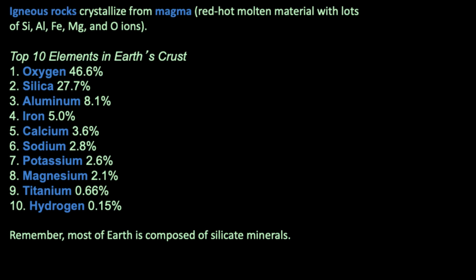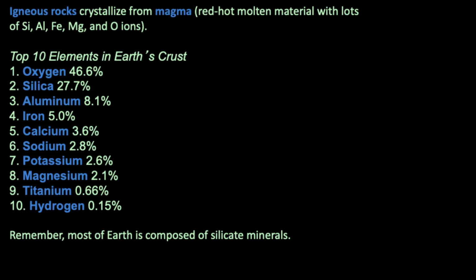We're going to combine some of the other elements that are just after that. For instance, aluminum, 8%, iron, 5%, calcium, 3.6%, sodium, 2.8%. Those are the sort of things that are going to bond with the silica tetrahedra, and those are going to form our igneous rocks. We also get potassium, of course, with potassium feldspar, and magnesium. Iron-rich and magnesium-rich rocks form basalt, for instance.